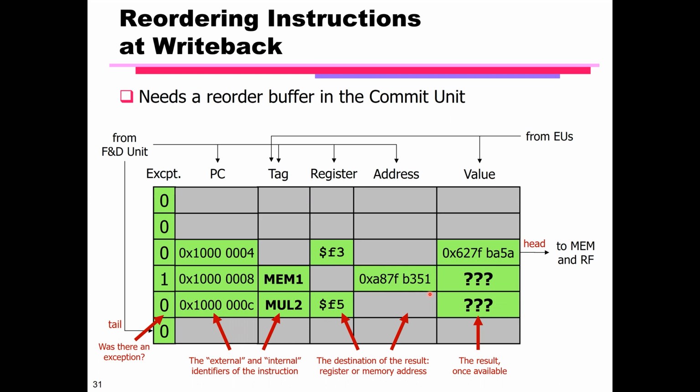Both things are part of my lying to the world about when I really did something, right? So I need to use the reorder buffer both for register destinations and for address or memory destinations.